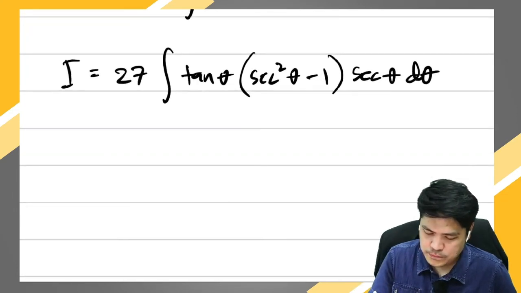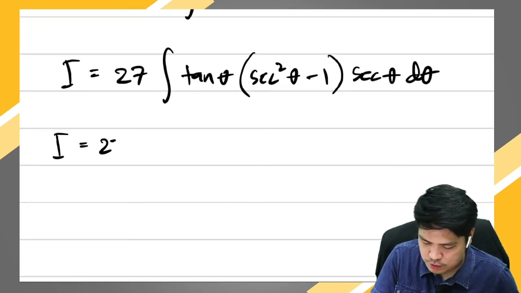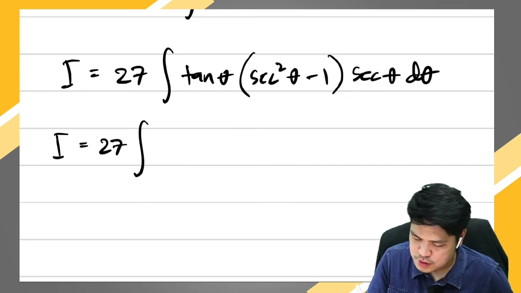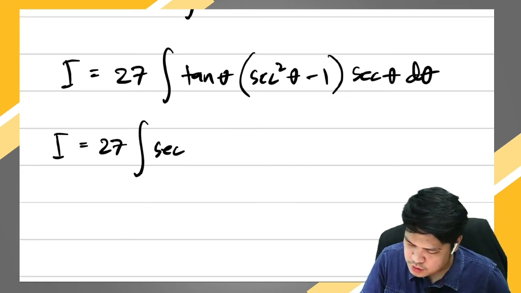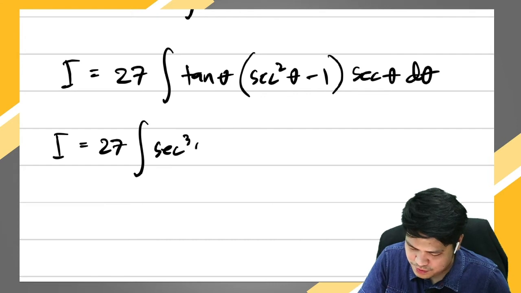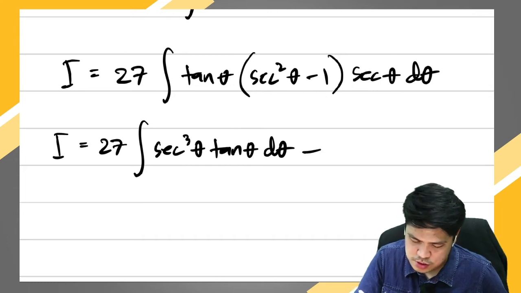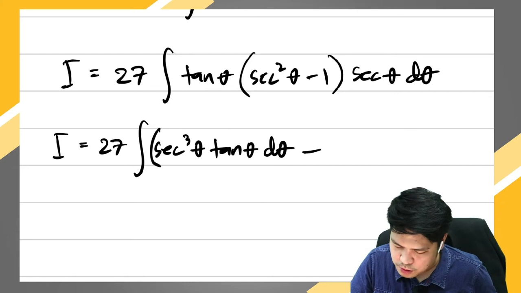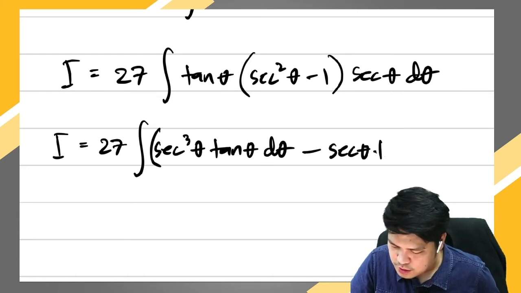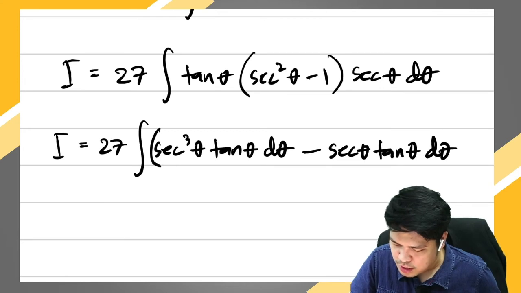Okay, then simplify, we'll have 27 times secant cubed theta tangent theta d theta minus, with a grouping symbol, secant theta tangent theta d theta.